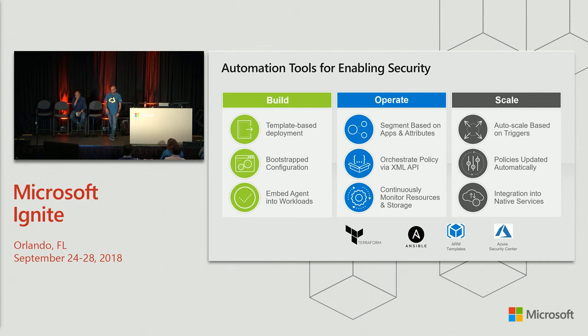Right? And then use cloud native things like auto scale based on triggers, right? Don't think traditional networking, traditional security, traditional application development. Think modern, think native, think highly available. It doesn't have to be that your session states are synced between one web application and the other web application.